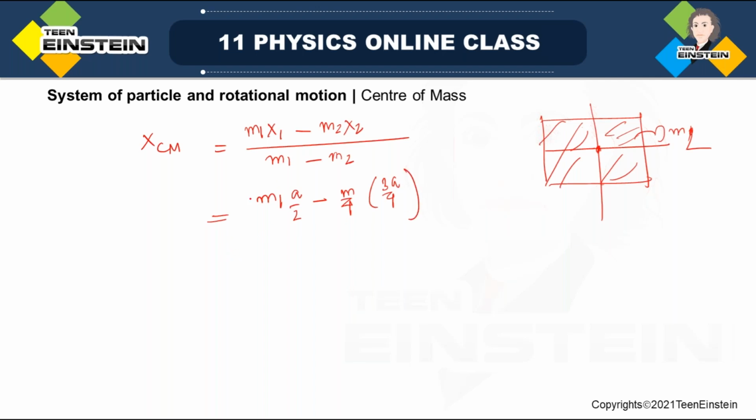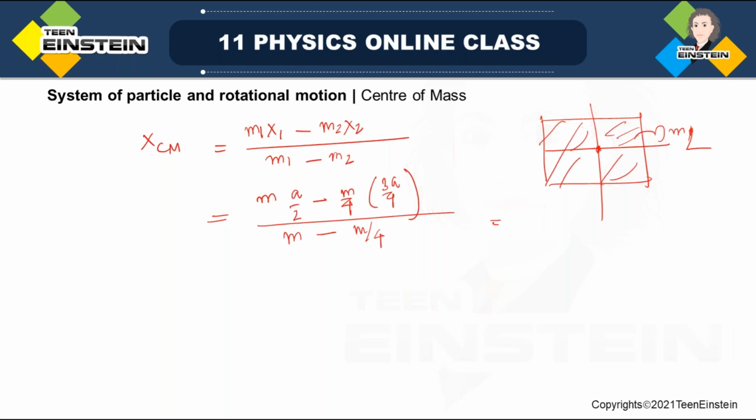Here M1 is the total mass M. So we get M times a by 2, minus M by 4 times 3a by 4, divided by the total mass M minus M by 4. This will be the x coordinate.